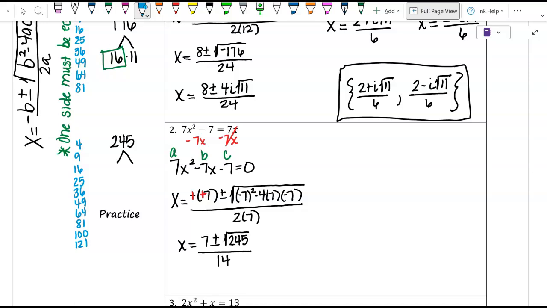49 times 5. 49 is that perfect square. So the square root of 245 is the square root of 49 times the square root of 5 to give us 7 radical 5.